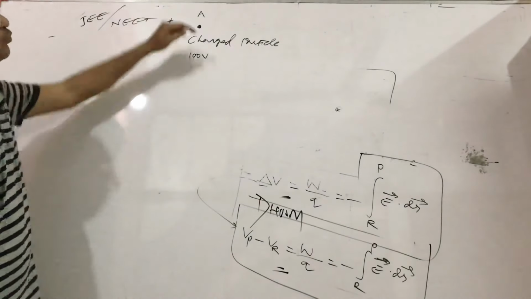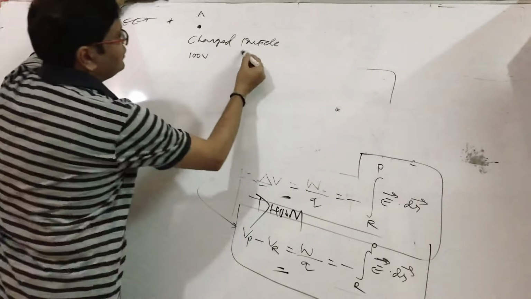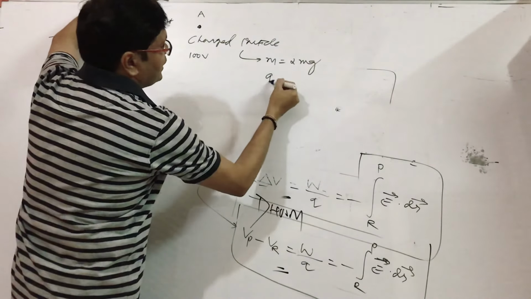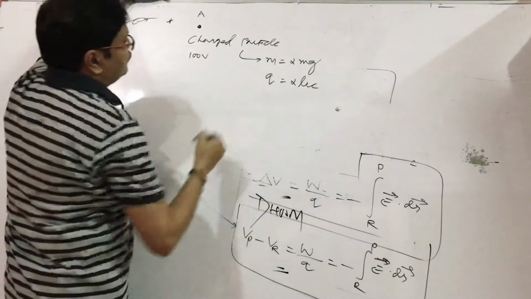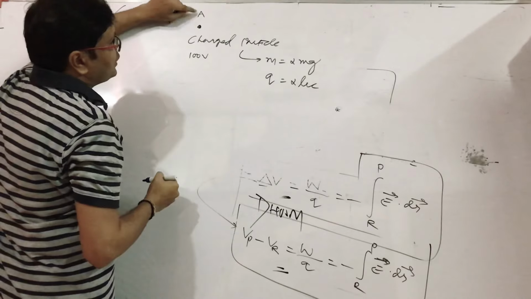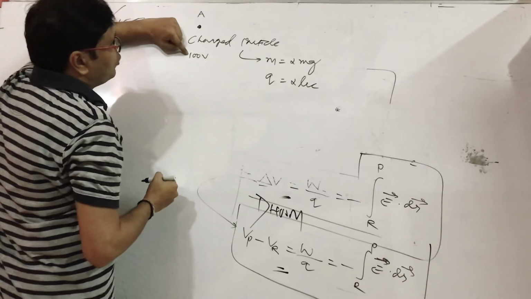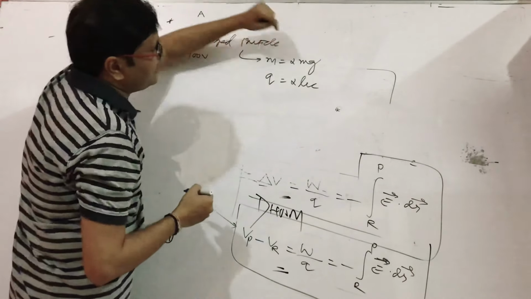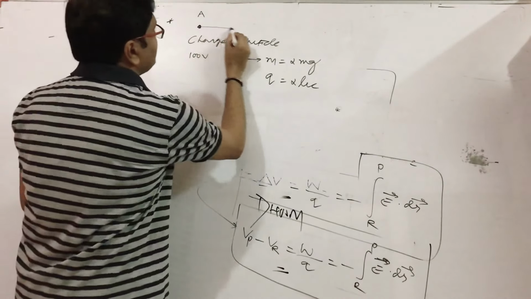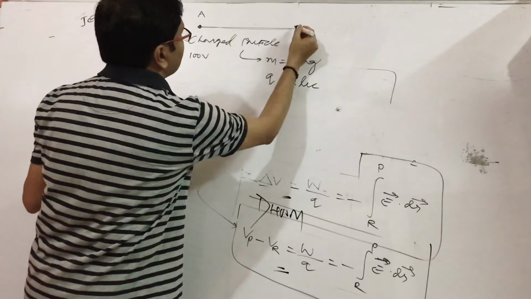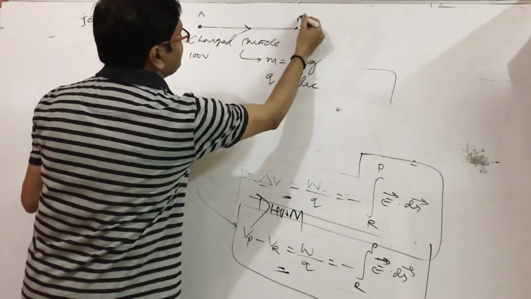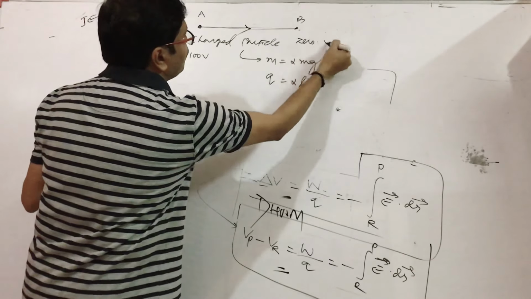Now we would like to move this charged particle, having mass 2 milligram and charge 2 microcoulomb. The charged particle shown in this diagram is situated at point A, where the potential is 100 volt. What is the mass of it? 2 milligram. What is the charge of it? 2 microcoulomb. We would like to move this charged particle from point A to B. Let the potential at this point B be 0 volt.